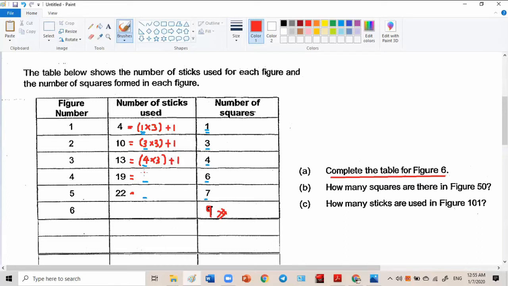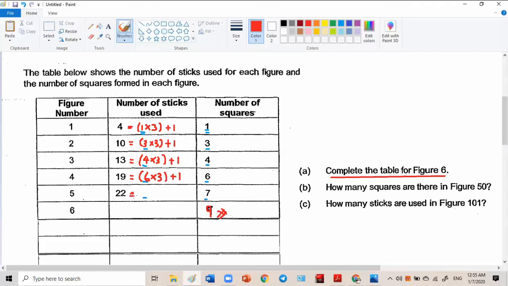Oh, bingo, 13. Okay, we'll just proceed and see. Well, if this is number 6 for the number of squares, the number of sticks used will be 6 times 3 plus 1, 19. Very good.